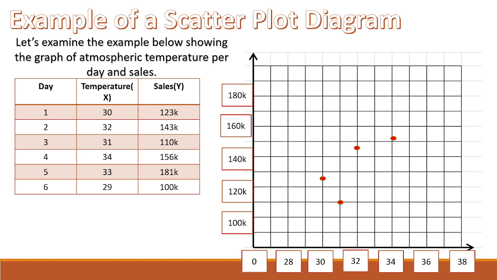Okay, we have last two, 33 and then 181,000. And then for the last data, we have 29 and 110,000. So, nandito yan. Okay, kung titignan natin, pataas yung given data natin, and syempre, meron ding verbal interpretation yan.